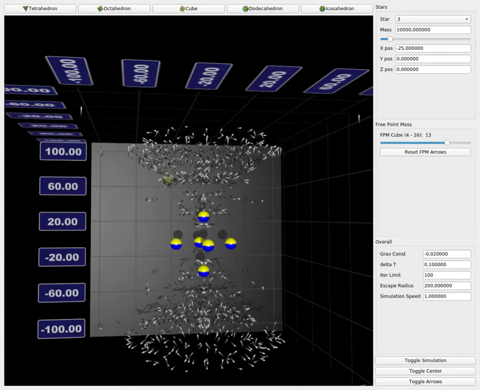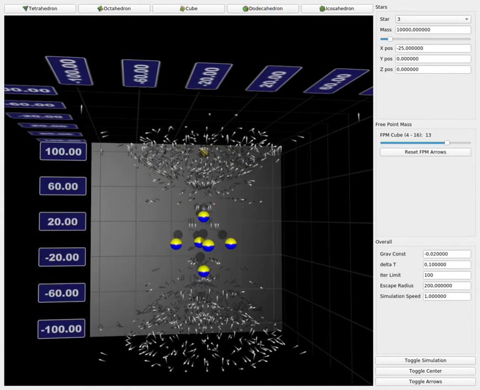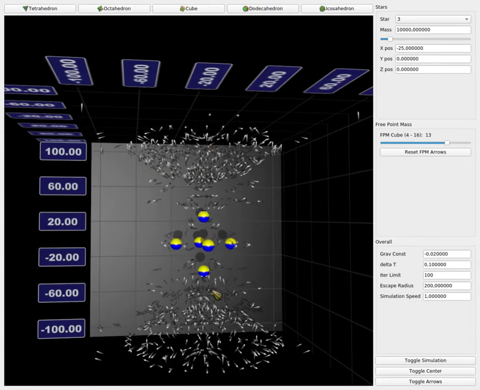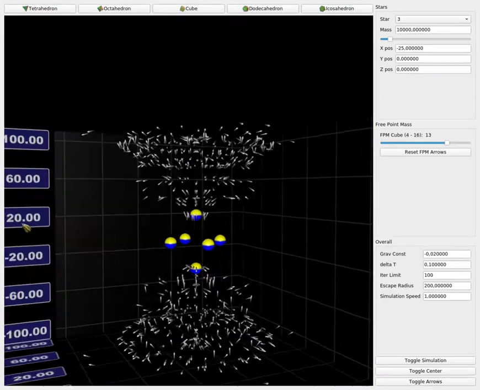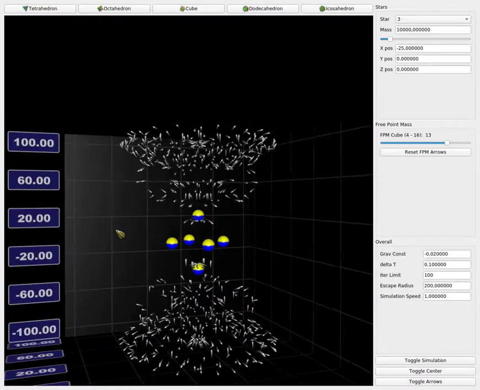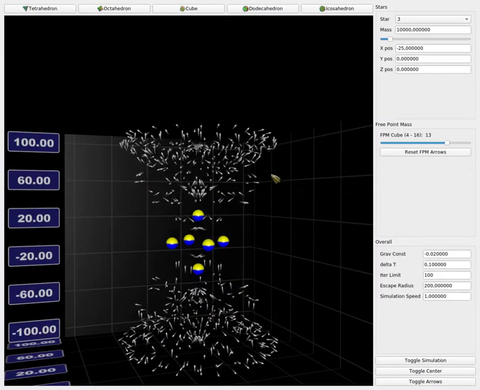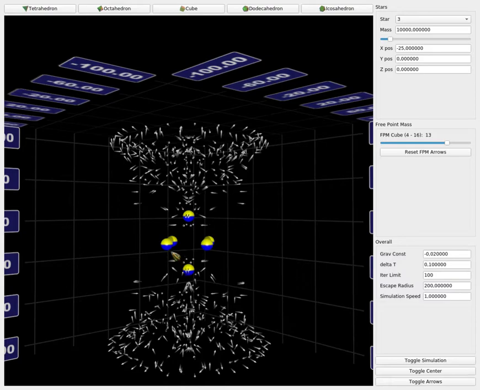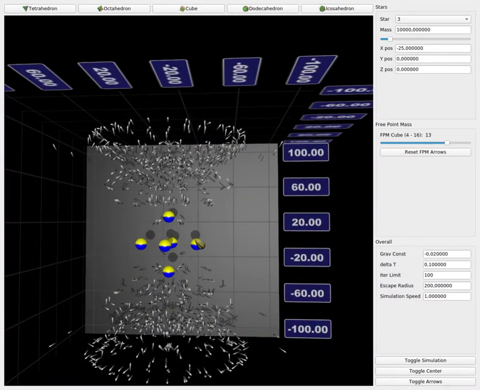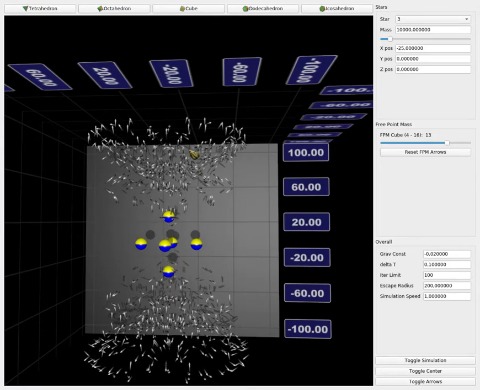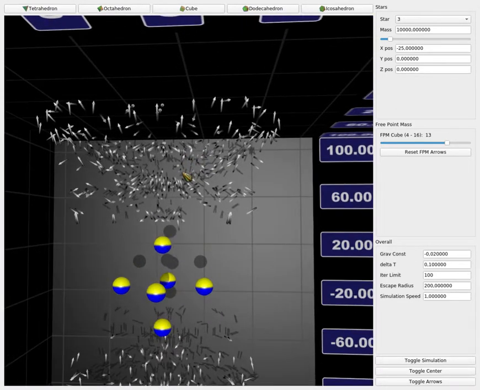So now we've got two lobes, one at the top, one at the bottom. If we could see beyond the confines of this viewing area, we would see a rather big torus surrounding these stars, possibly expanding.